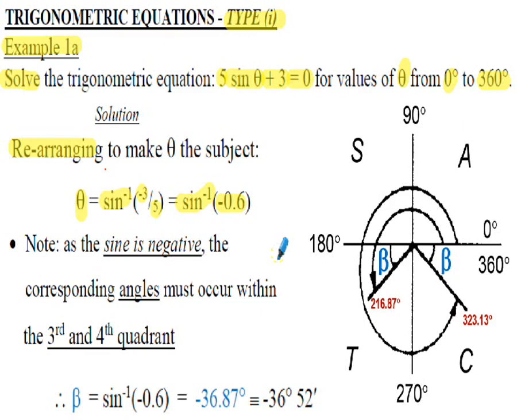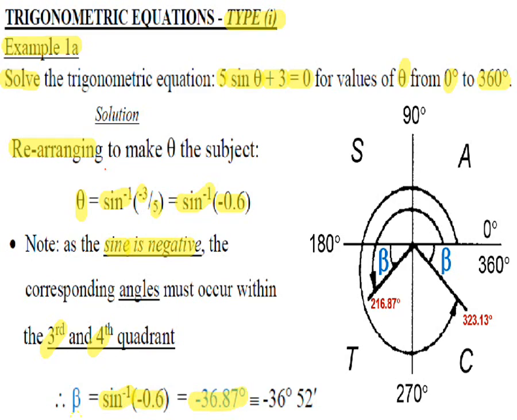What we need to notice here is that this is a negative ratio. For a sine waveform, a negative ratio occurs in the third and the fourth quadrant of our ASTC diagram. Taking the inverse sine of minus 0.6 will give us a value of minus 36.87 degrees.